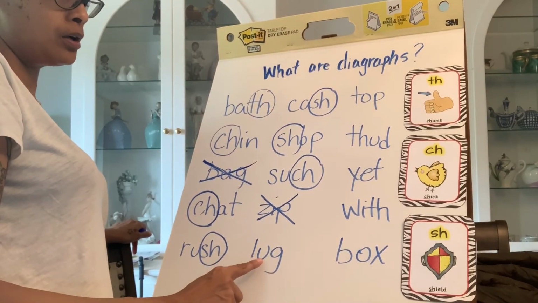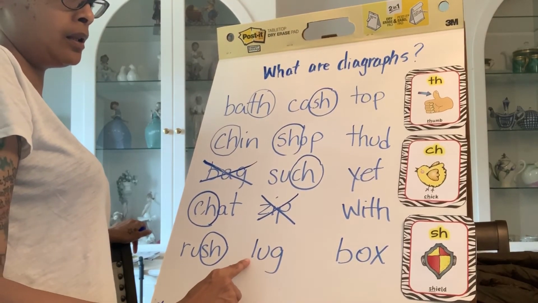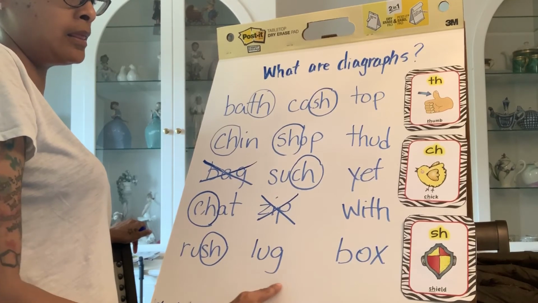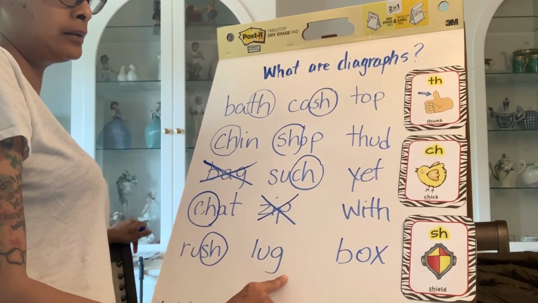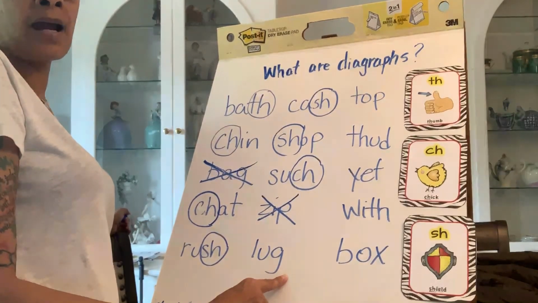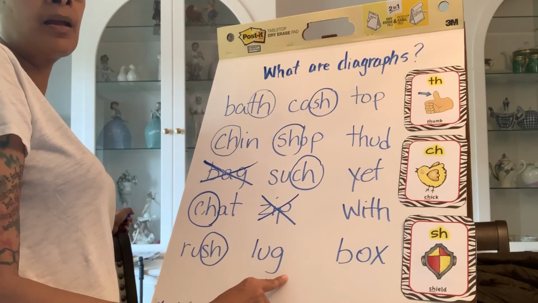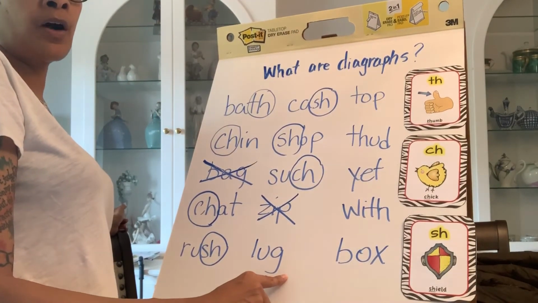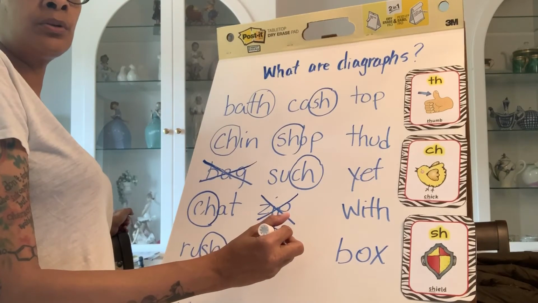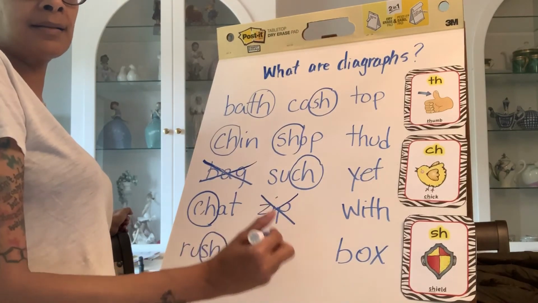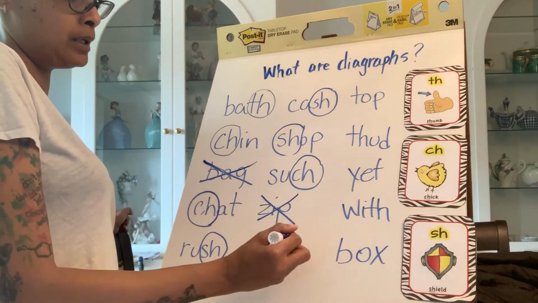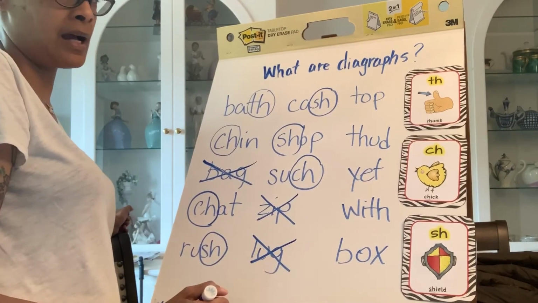We have L-U-G. Lug. So is this a word with a digraph? If you said no, you're following right along. So what do we do? Do we circle or do we put an X? We put an X. It does not have a digraph.